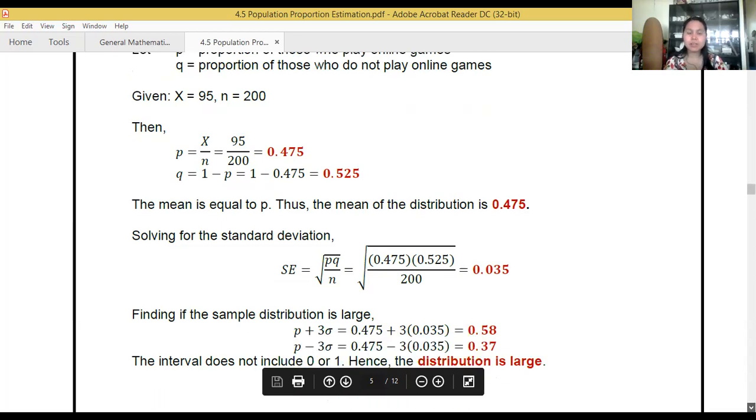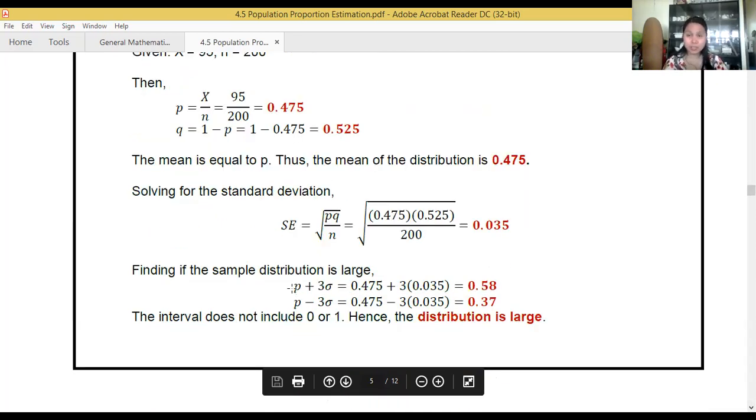Next, let us do this one to check if the sample size is large or small. So our P is 0.475 plus 3 times our standard deviation. That is 0.035. The answer is 0.58. If we subtract it, the answer is 0.37.